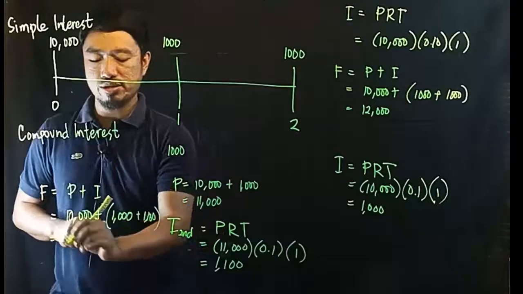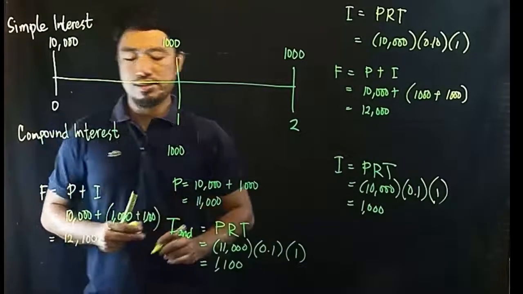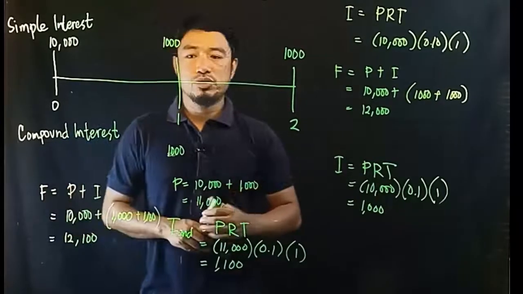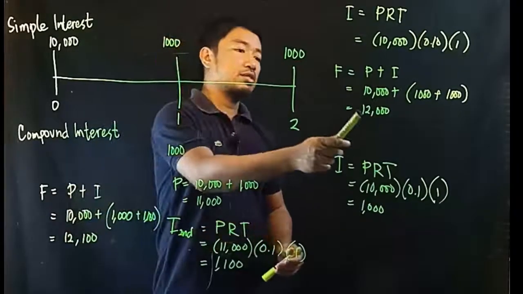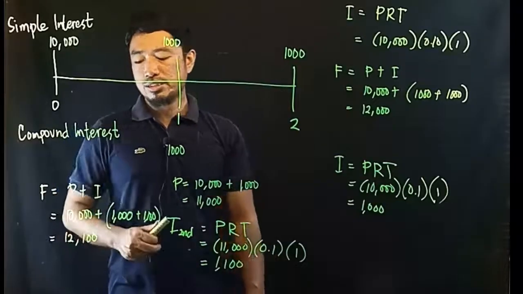So this is equivalent to 12,100. So over a period of 2 years, for simple interest, the final amount is 12,000. For compound interest, it is 12,100.